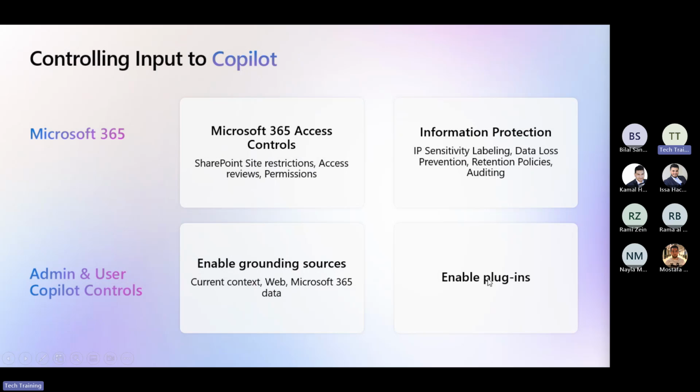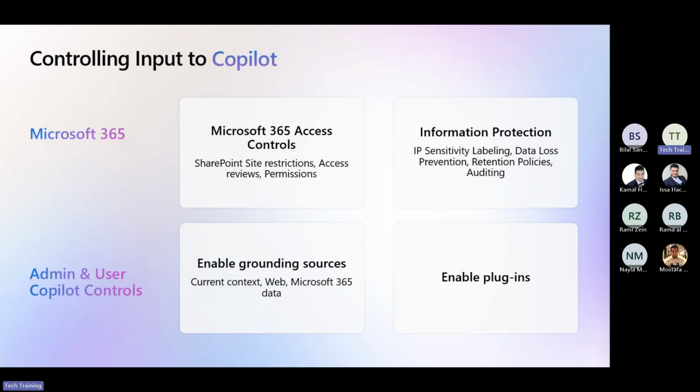We have features that are added that extend the power of Copilot or the Copilot services by enabling the plugins. Sometimes I enable these plugins, sometimes I just disable them because I don't need them, or they might give users something that I don't want to give to them.